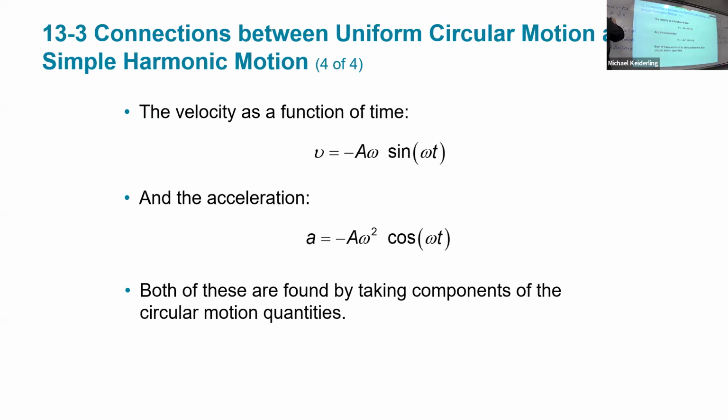And so we can see that for a mass on a spring, omega squared is equal to k over m, so omega is the square root of k over m. Both of these can be found by taking components of the circular motion quantities. We're just taking the derivative. The derivative of cosine is minus sine, but the chain rule means you have to take the omega out, and then you get another omega when you do the second derivative.